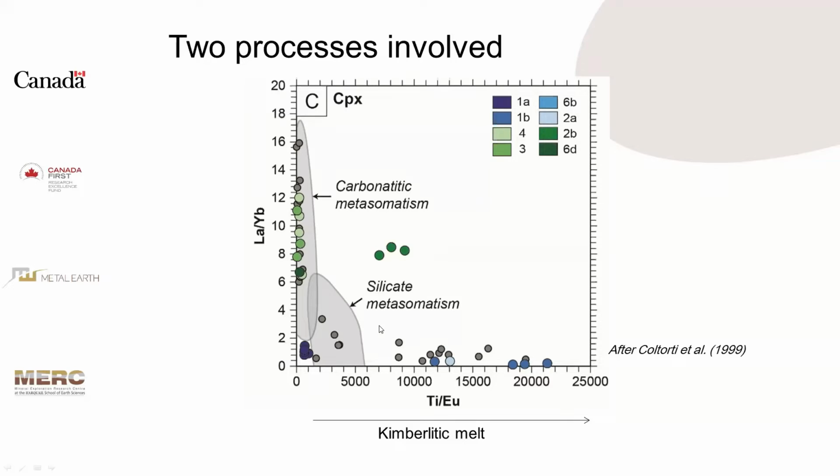And this nice diagram from the literature helps us define that there is an input here for the blue samples of a silicate metasomatism, a kimberlitic melt, and for the green one, something that would be a carbonatitic metasomatism. And we have seen from our samples that this carbonatitic metasomatism is actually linked to the enrichment in rare earths, but also in niobium.